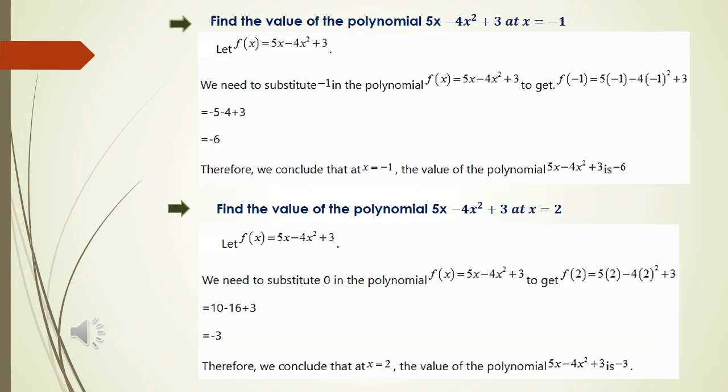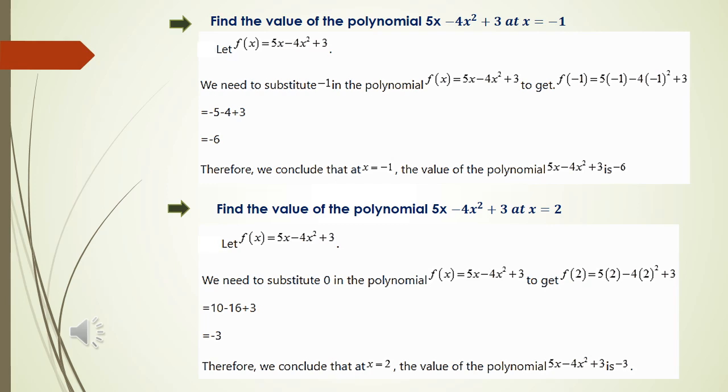Find the value of the polynomial 5x minus 4x square plus 3 at x equal to minus 1. Here again we will substitute the value of x in the given polynomial. So we will have 5 in the bracket minus 1 minus 4 in the bracket minus 1 square plus 3.